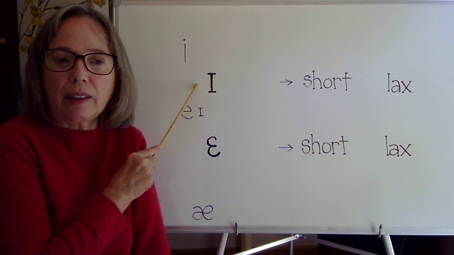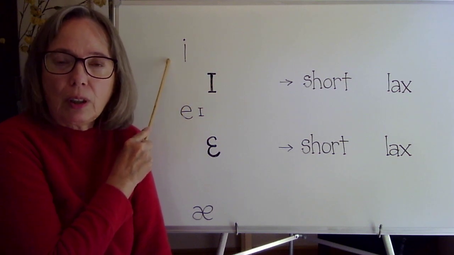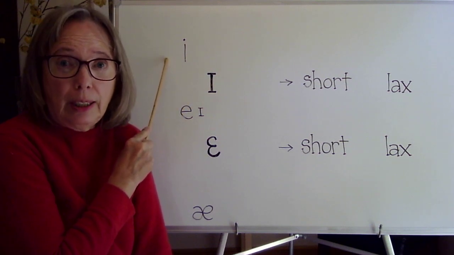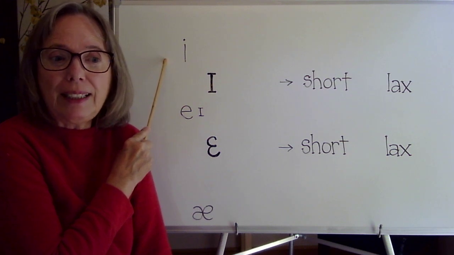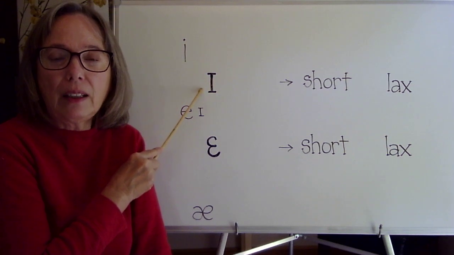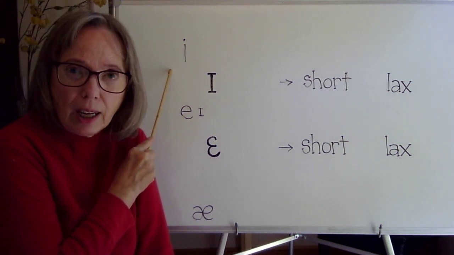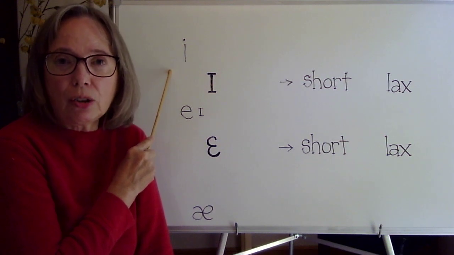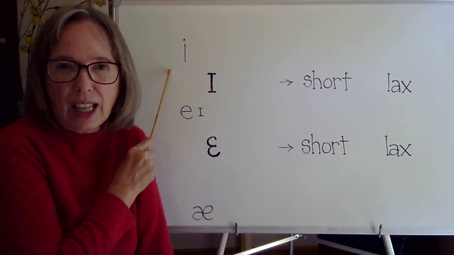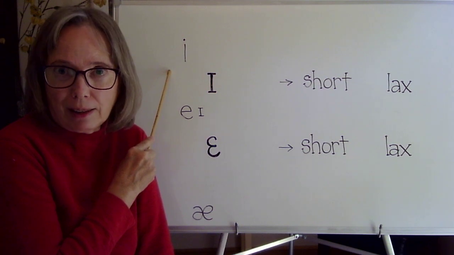So to produce I, first relax your lips. E. Then relax your tongue, holding the same position, because your tongue will move slightly when it relaxes.